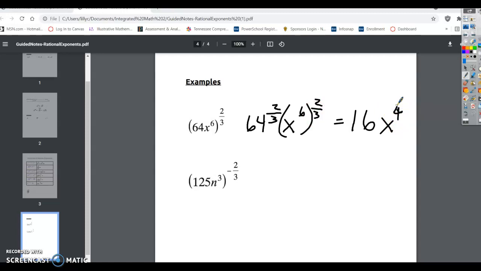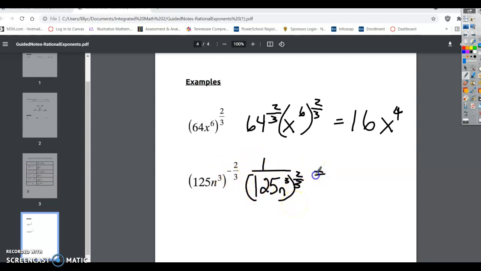All right, let's look at one more. We've got a negative exponent. So right off the bat, I'm going to write 1 over 125 n to the 3rd raised to the 2/3. When I move it to the bottom, the negative goes away.